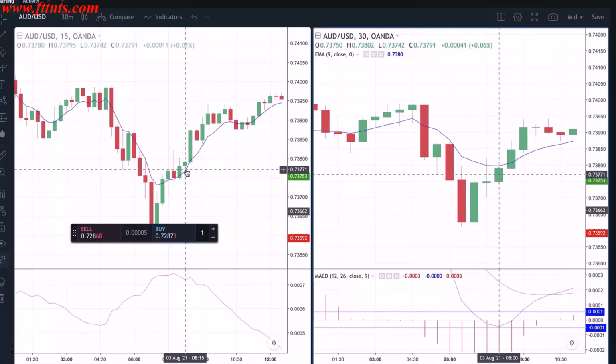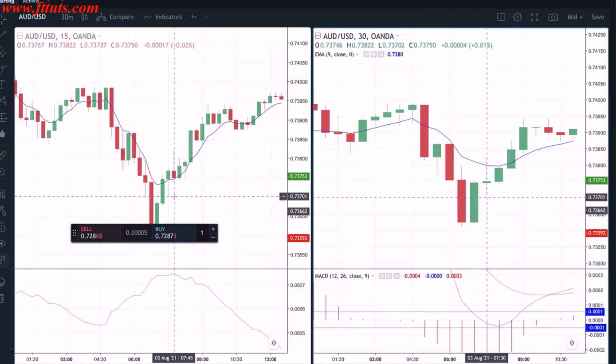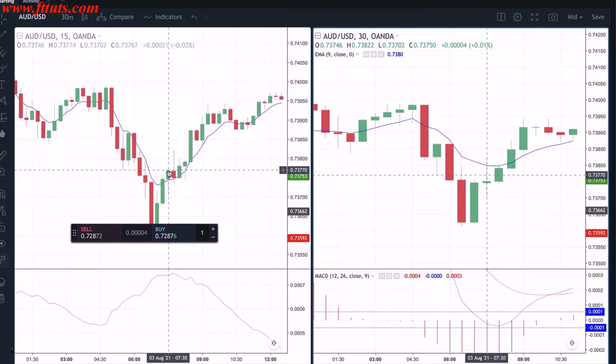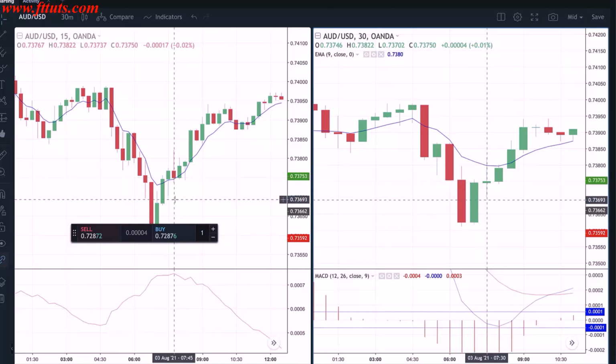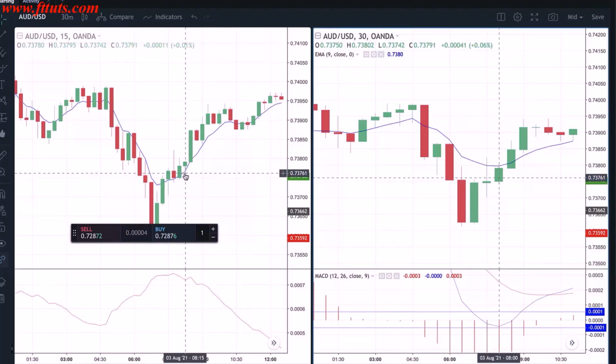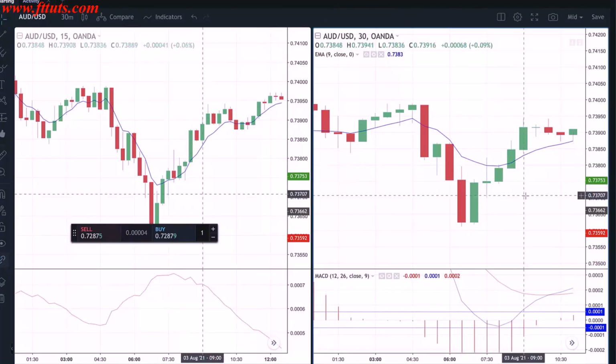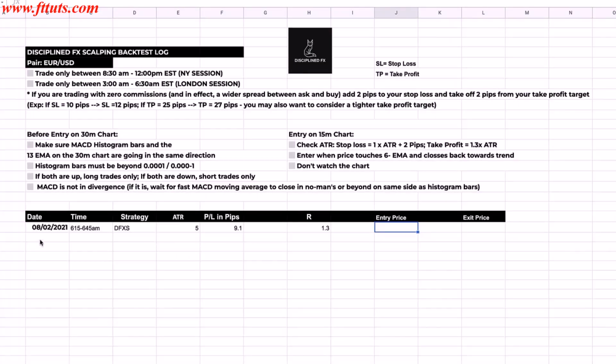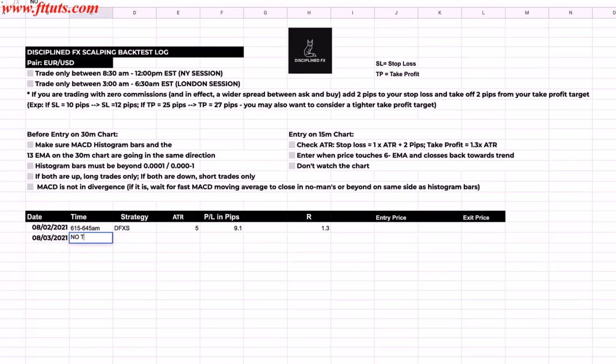And I don't think there was one. We were waiting for something to also close below the 6 EMA on the 15. So on your chart, you can put no trade. And then try another day.